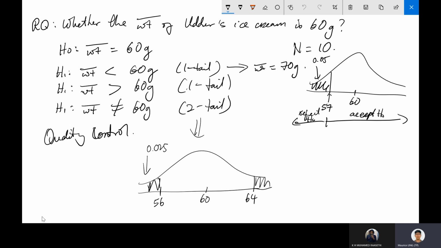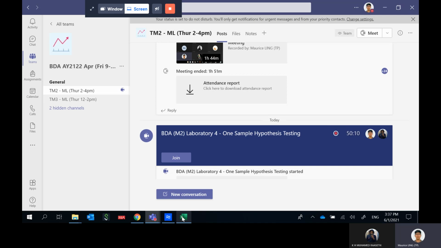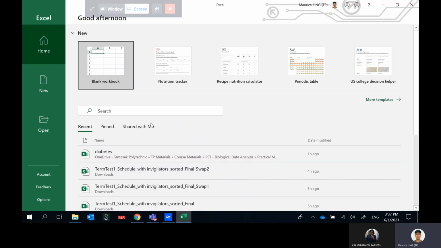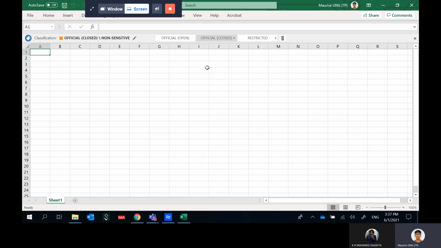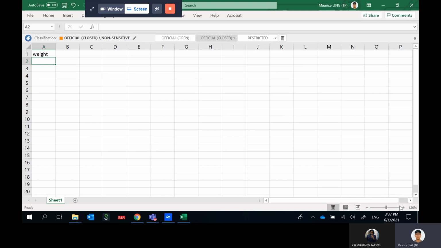So the problem is we cannot do one sample testing in Excel. We have to trick Excel into doing it. Let's give a simple example first, using the ice cream. We have weight, and for example, you buy 10 cups and weigh them.